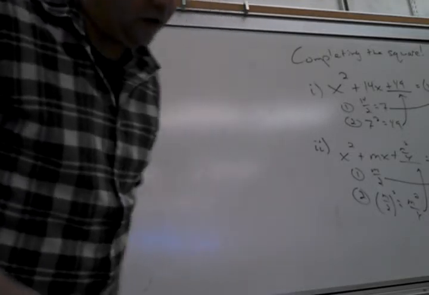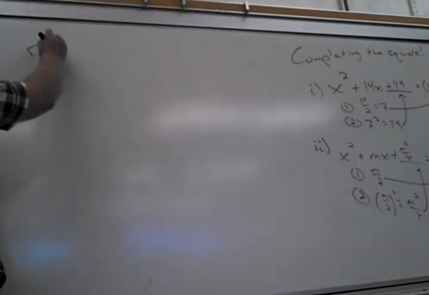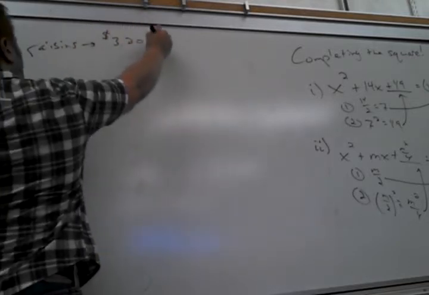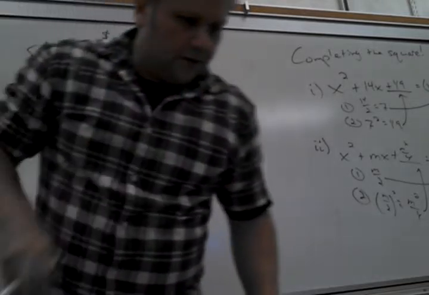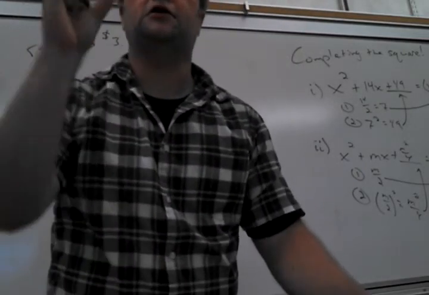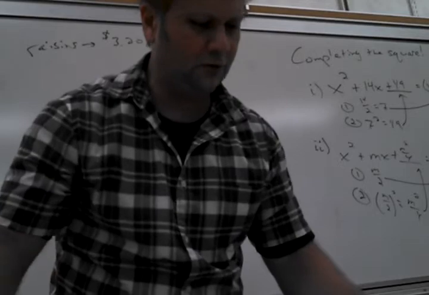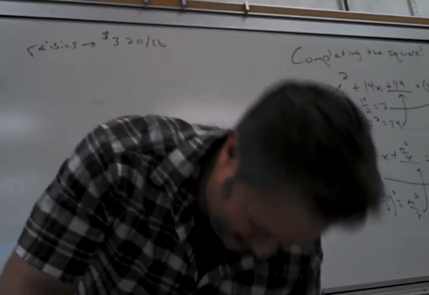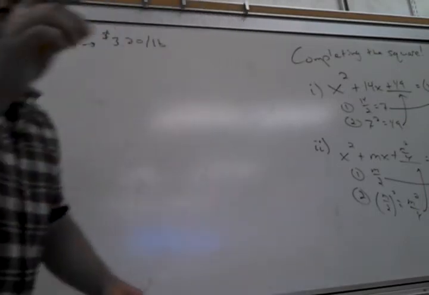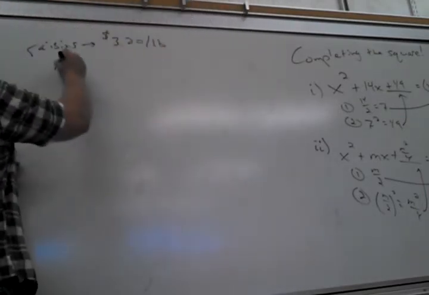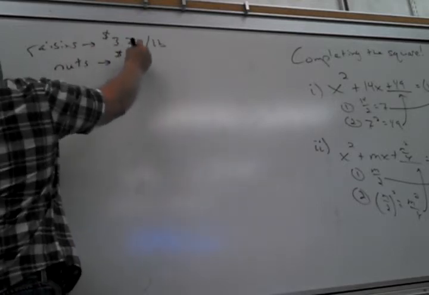The owner of a store sells raisins for $3.20 a pound. Whenever I read one of these, I just imagine being a student going, the owner of a store, who cares? But you have to care, because you know you're going to get these problems on the test. And they sell nuts for $2.40 a pound.